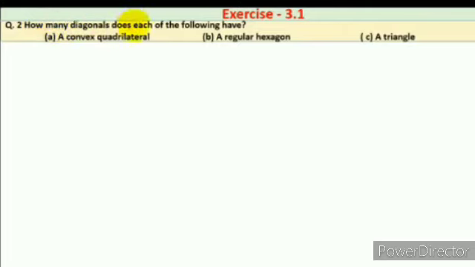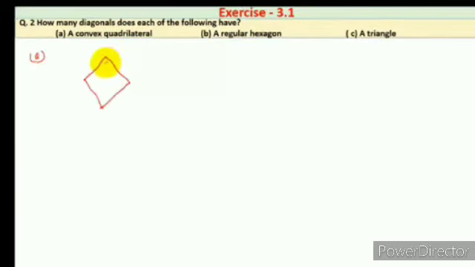Next, second question. How many diagonals does each of the following have? According to the definition of diagonals, if we join non-adjacent vertices, that means opposite vertices, we'll get a diagonal. See, it is one convex quadrilateral.